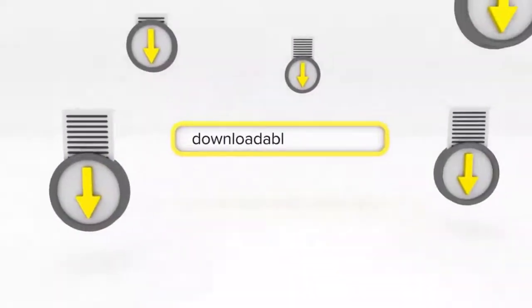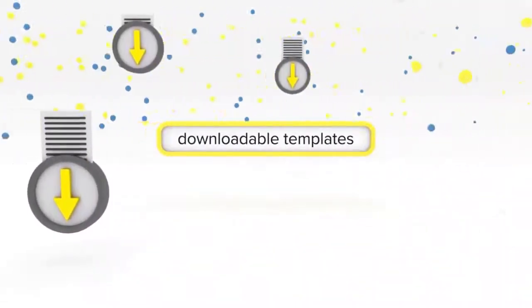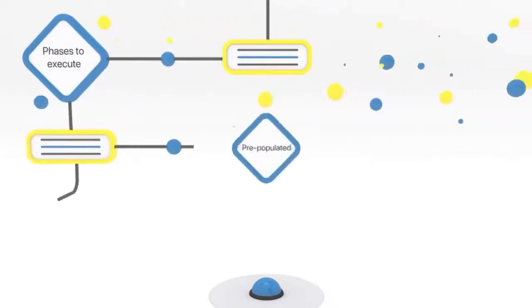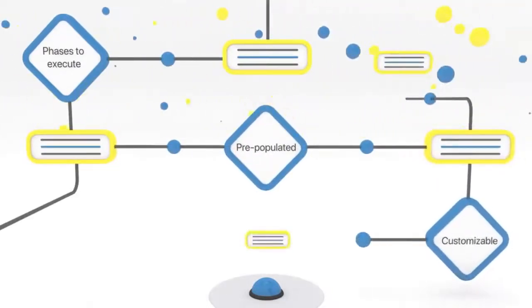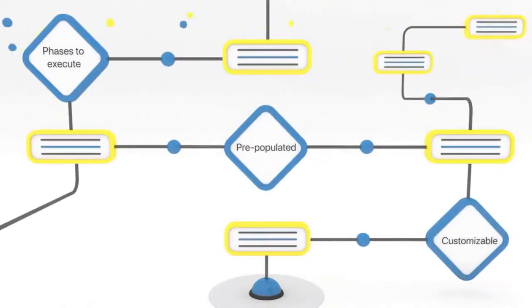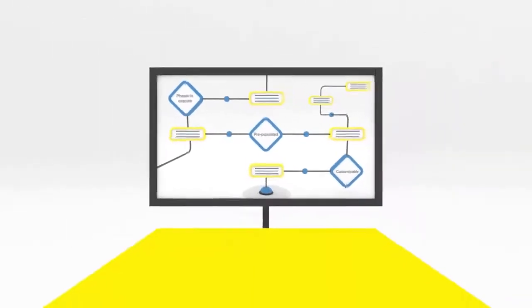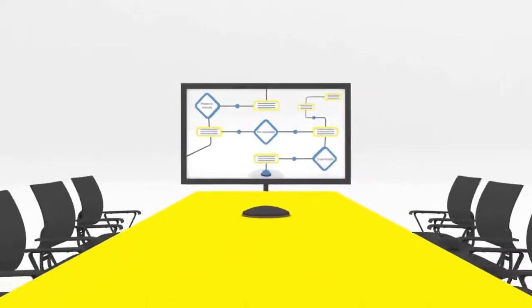Eliminate the need to search for downloadable templates or find examples from off-site training. Start your projects with a roadmap that includes phases to execute, pre-populated customizable deliverables for each phase, and allow your stakeholders to easily view and understand your ideas.